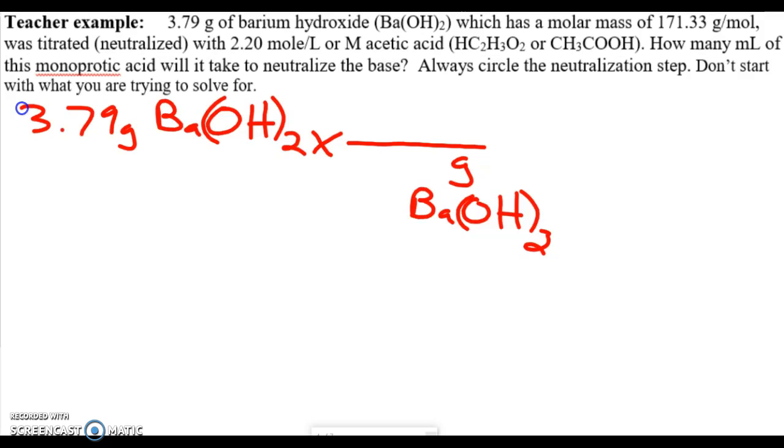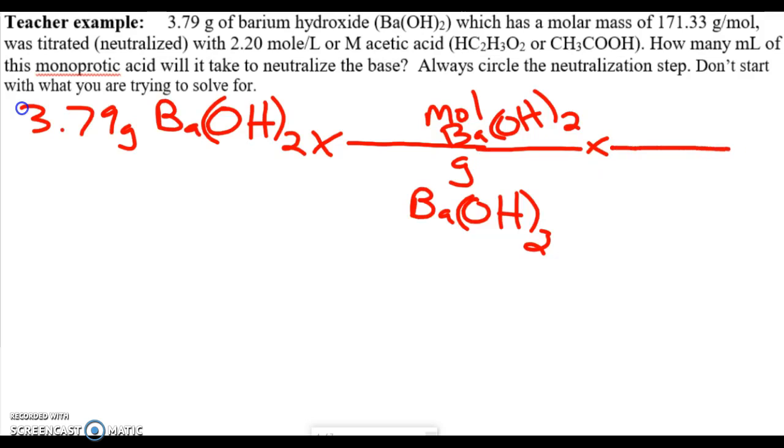If you're on Gram Island, the only place you can go to is Mole Island. So this is going to be moles of barium hydroxide. Whatever's on top goes on the bottom of the next step. Moles of barium hydroxide.